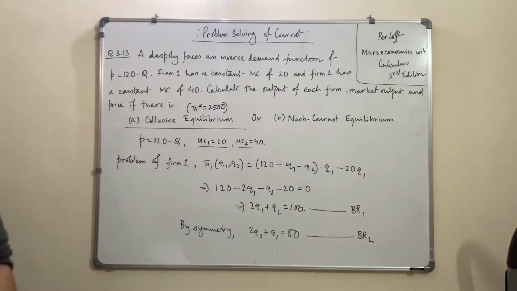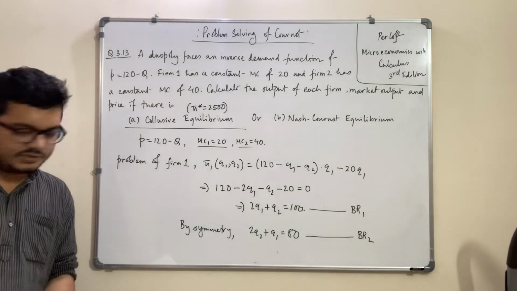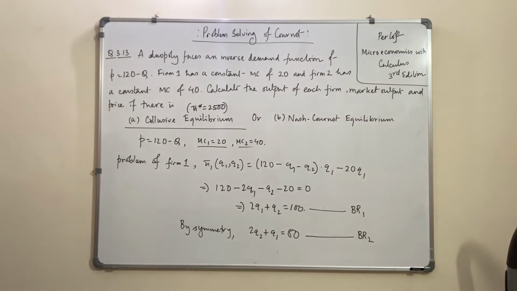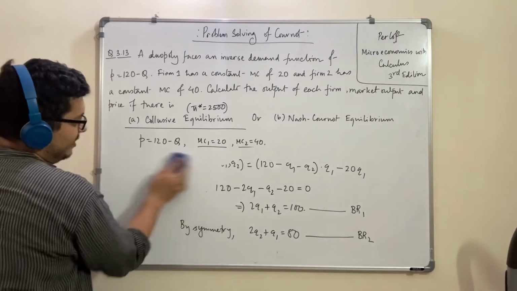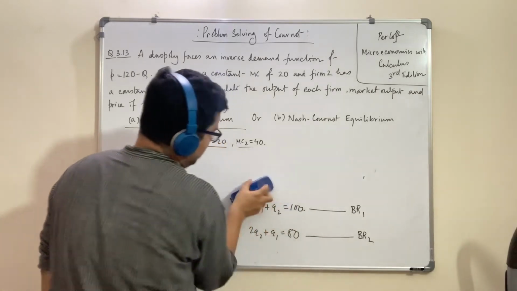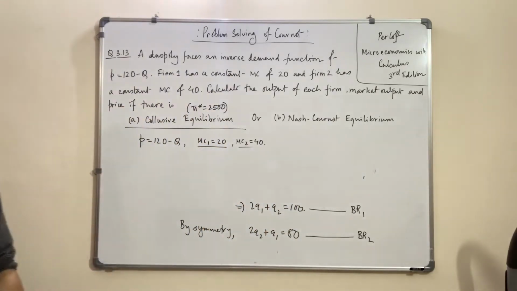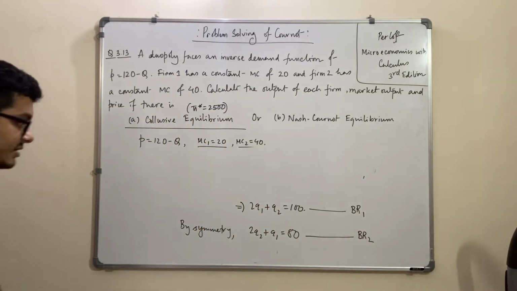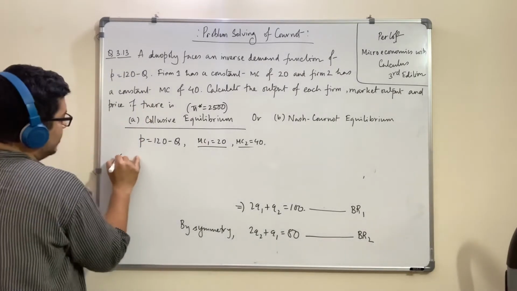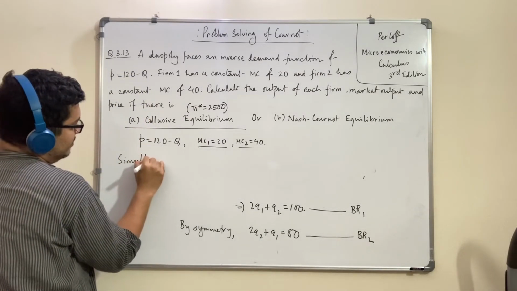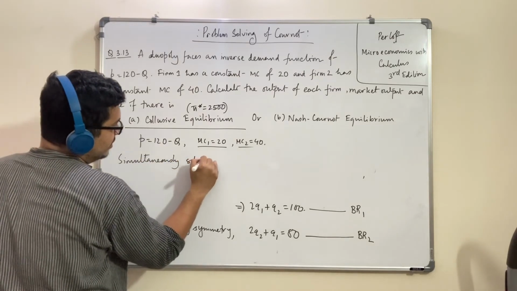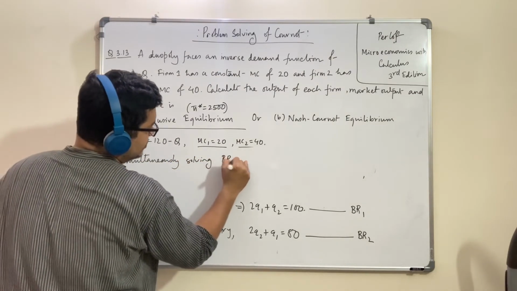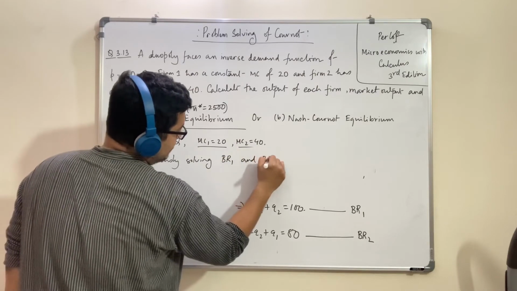And we know that in a Cournot equilibrium, we just have to find the intersection point, which is a school level problem. So I simultaneously solve best response 1 and best response 2.